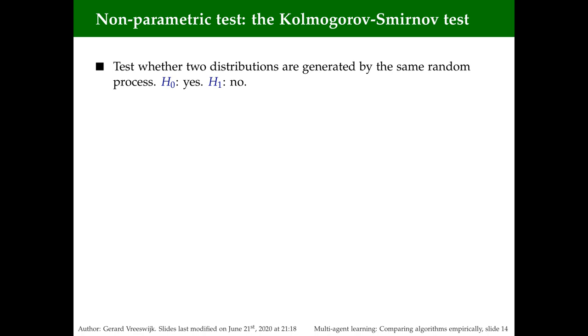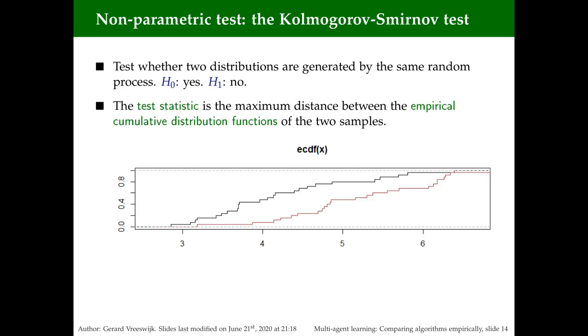Again, you have two distributions and you have two hypotheses. You assume that they are generated by the same process, and the alternative hypothesis is that they are not generated by the same random process. So this is the performance of the first algorithm here as a cumulative distribution function.